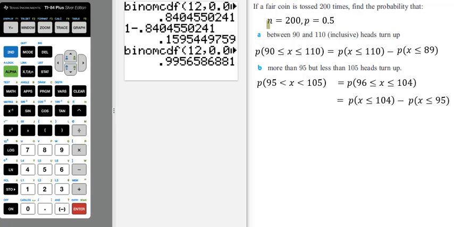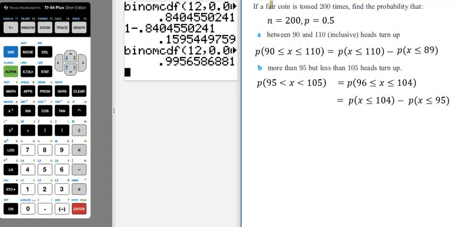We know this will be binomial distribution. We got n equals 200, p equals 0.5, because this is a fair coin, which means the probability for a head to turn up will be 0.5.